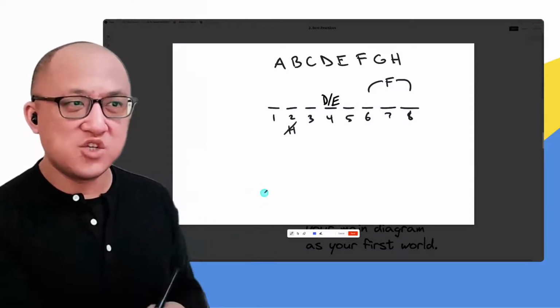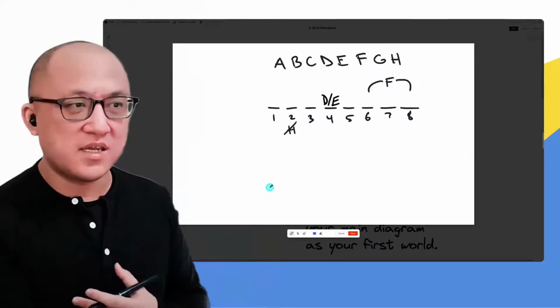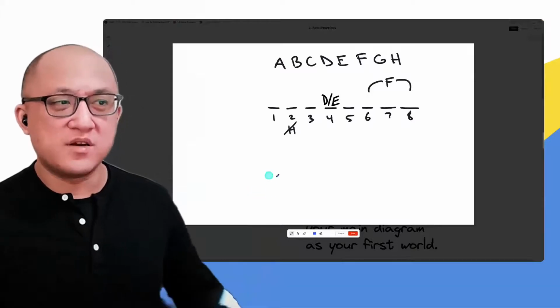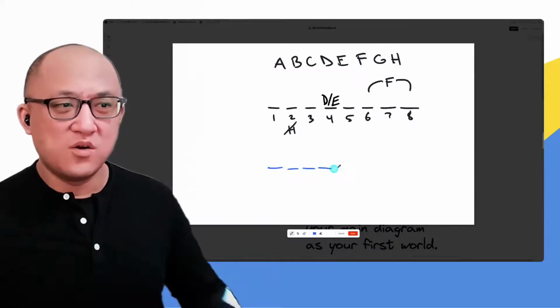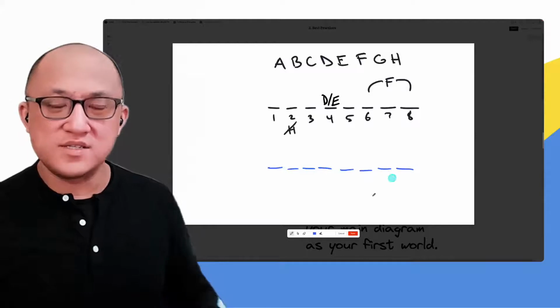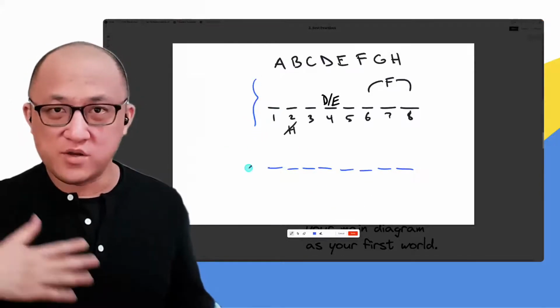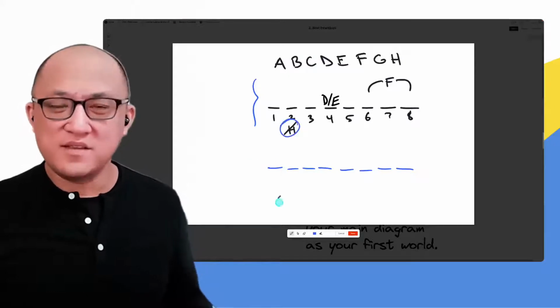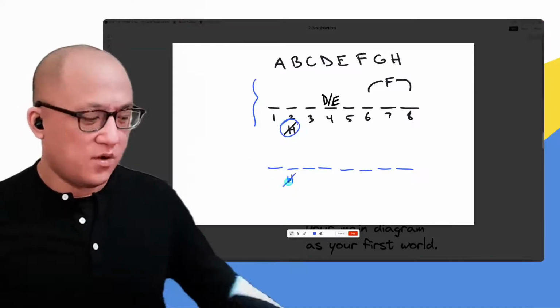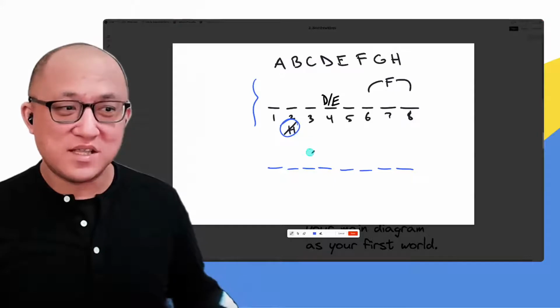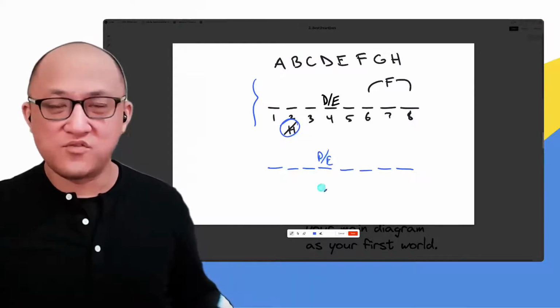I've seen too often, and I've also made this mistake, just a situation where as you draw your worlds or even do your work on individual questions, depending on how far away your main diagram is from what you're drawing, you might forget to write something like that over here. Or you might even just forget to write D/E in 4.